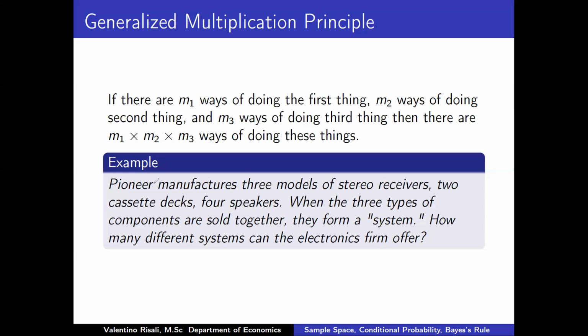As an example, Pioneer manufactures 3 models of receiver, 2 cassette decks, and 4 speakers, and then combines them into a system. From the multiplication principle, how many different systems?